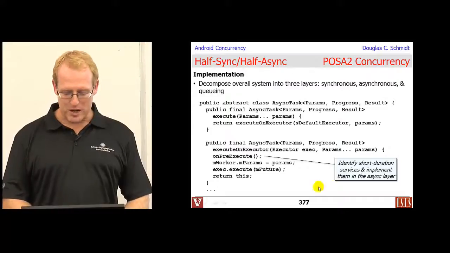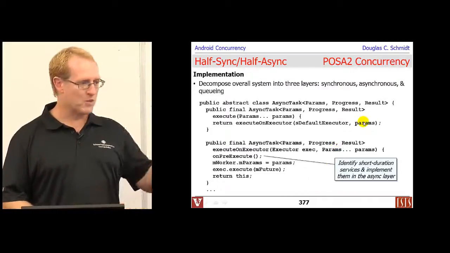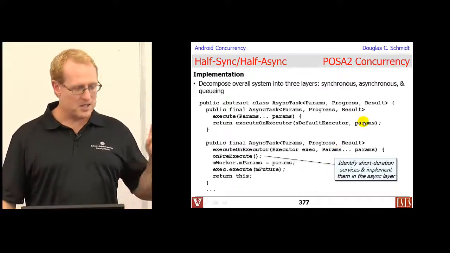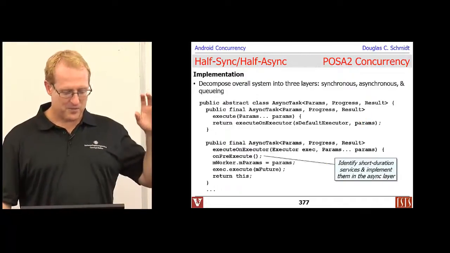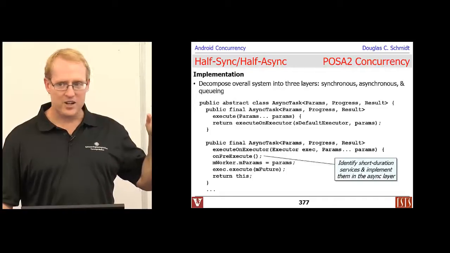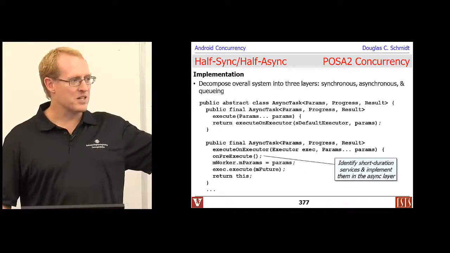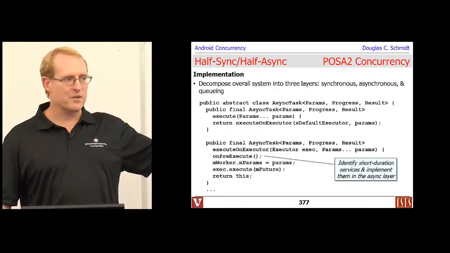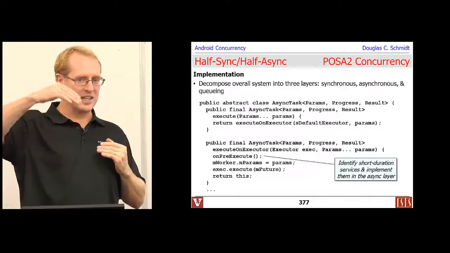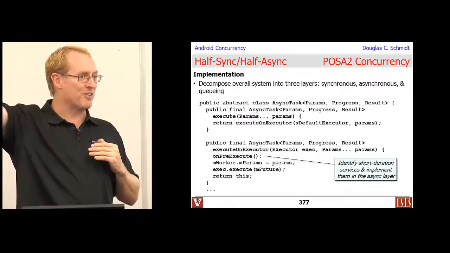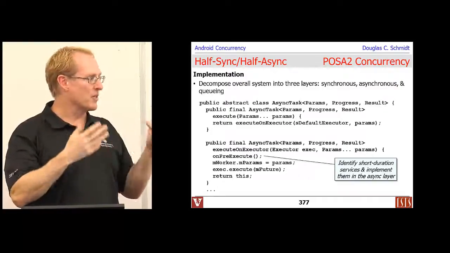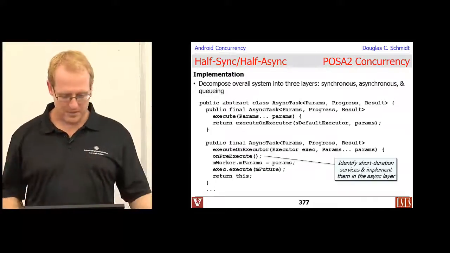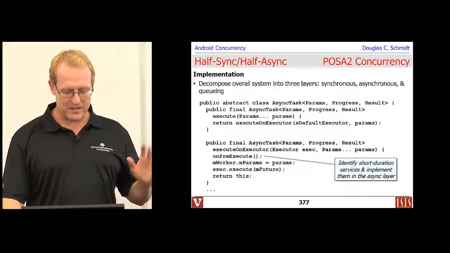And then it takes the parameters that were passed in, which are whatever you called execute with, and sticks them into a data structure. And then it says exec, which is this executor, execute, and it passes in something called a future. And the future is going to be used so that the guy who ends up running this thing in the background later can communicate back to the user interface thread to do things like give progress updates and other kinds of stuff. OK, so that's kind of the first thing.